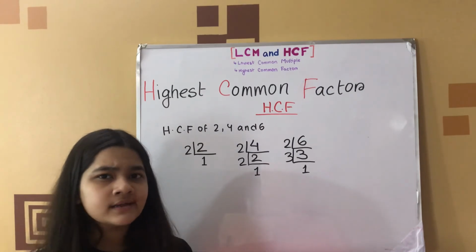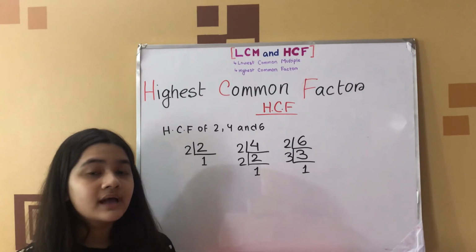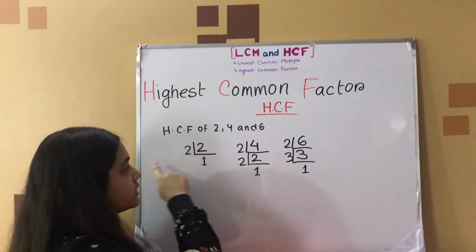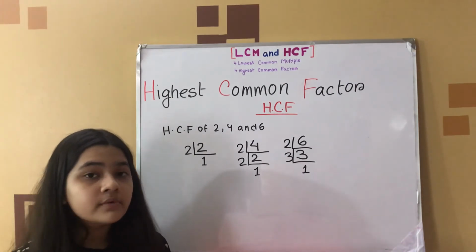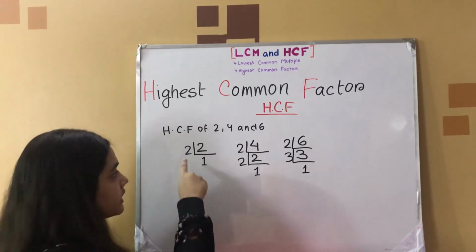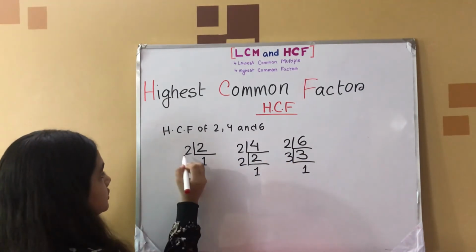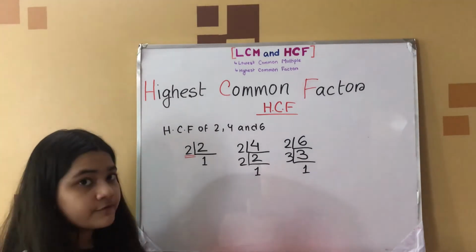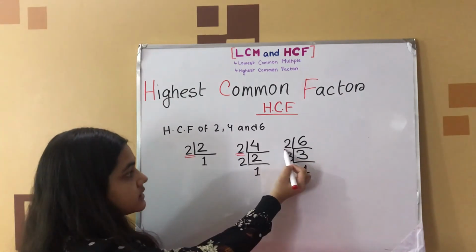So to find their HCF, we are going to take the common factors between all these three numbers. The common prime factor in these three numbers is 2. 2 has the prime factor 2, 4 also has 2, and 6 also has 2.